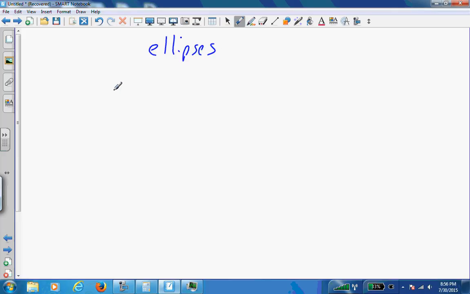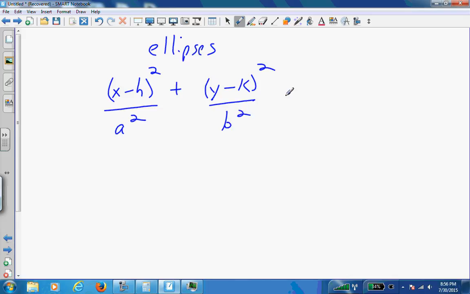And with ellipses, we still have an x minus h, a y minus k. There's x minus h squared and y minus k, both squared, added together. And if the larger value is underneath the x, then we call that a.